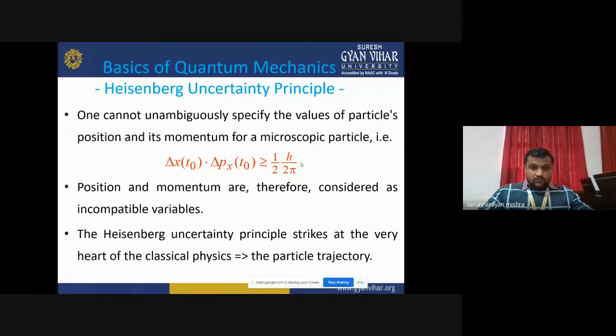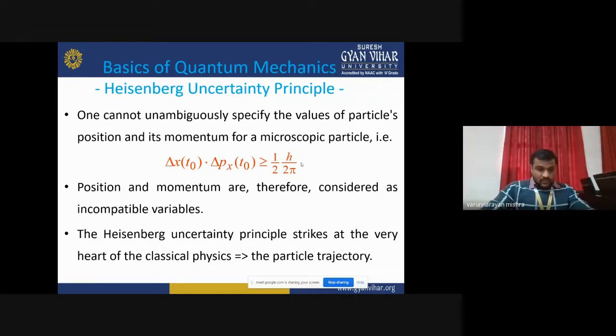The position and momentum of a particle are considered incompatible variables, and the principle strikes at the very heart of classical physics. For the first time, it questioned classical physics or classical mechanics.